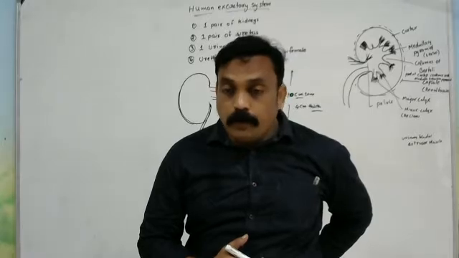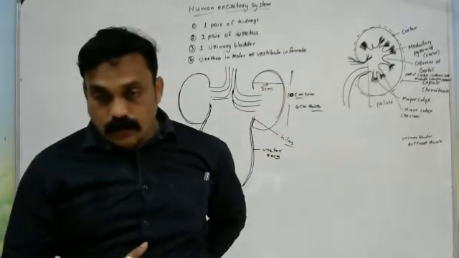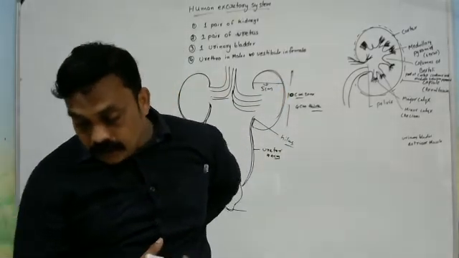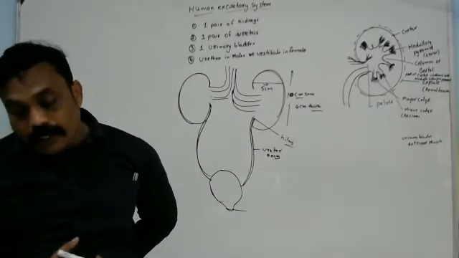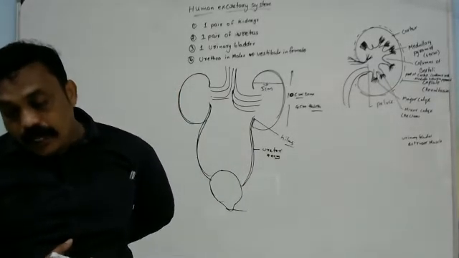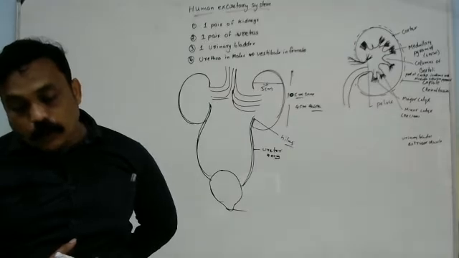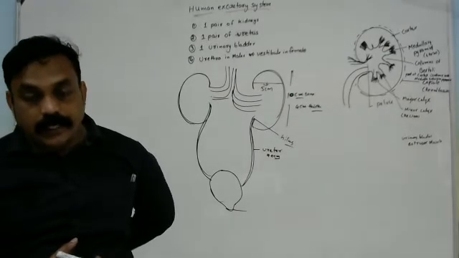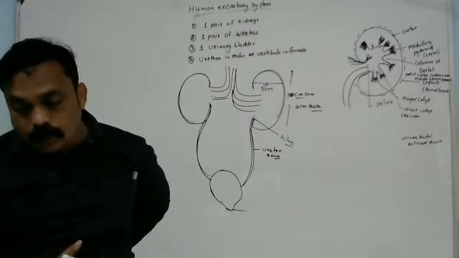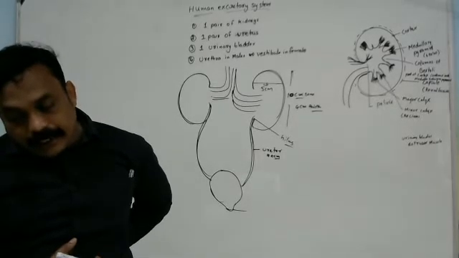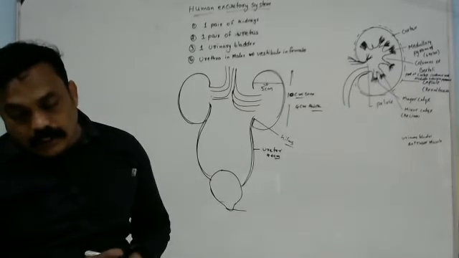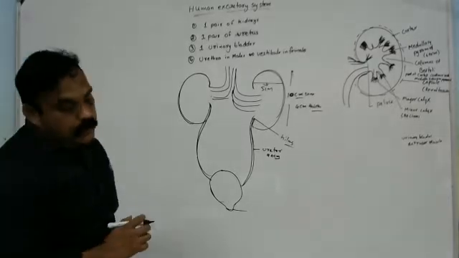One more important point: they have a peritoneal covering only on the anterior surface. The kidneys are attached to the dorsal body wall at the level of the 12th thoracic and 3rd lumbar.